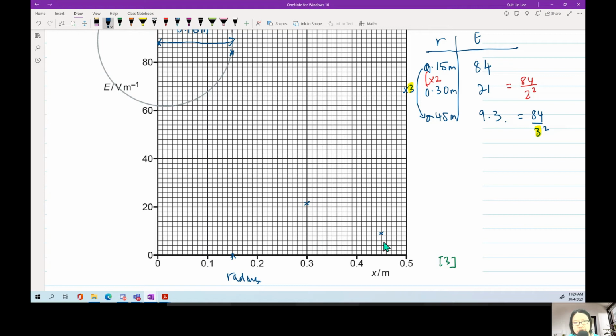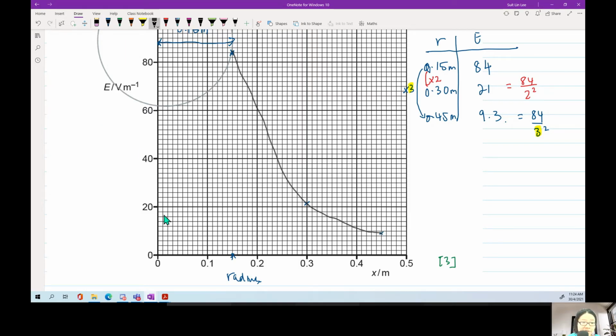So I'm going to join this in a smooth curve. Smooth curve. I tried. Okay. Stopping at here. Something like this. Don't forget to draw inside the sphere as well.